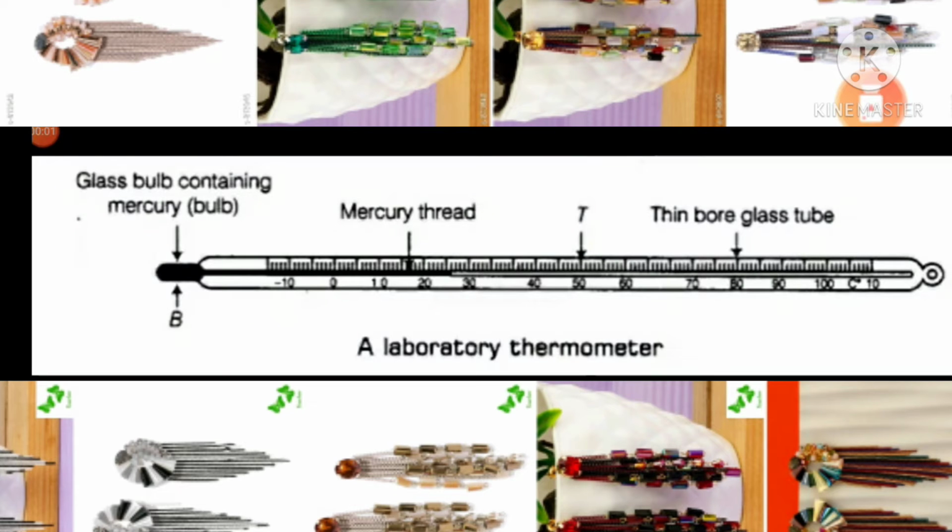So children, this is a laboratory thermometer, which is longer in size, and it can be handled a little bit freely. Even in this thermometer, mercury is situated inside the glass bulb, but it doesn't have a kink, that is, an inverted U-shaped kink.